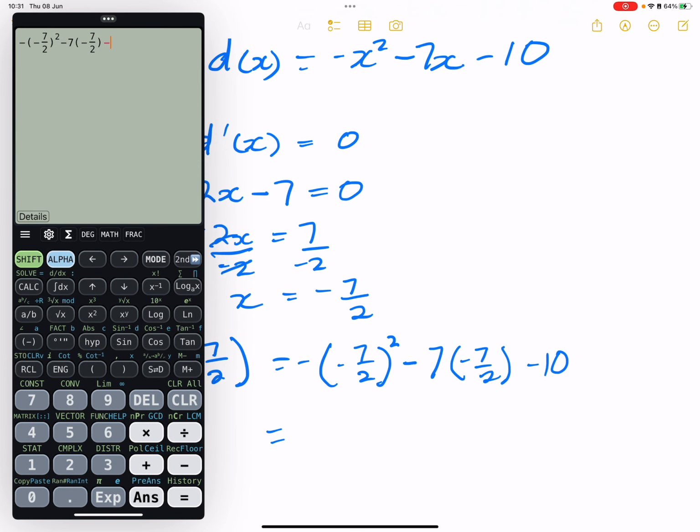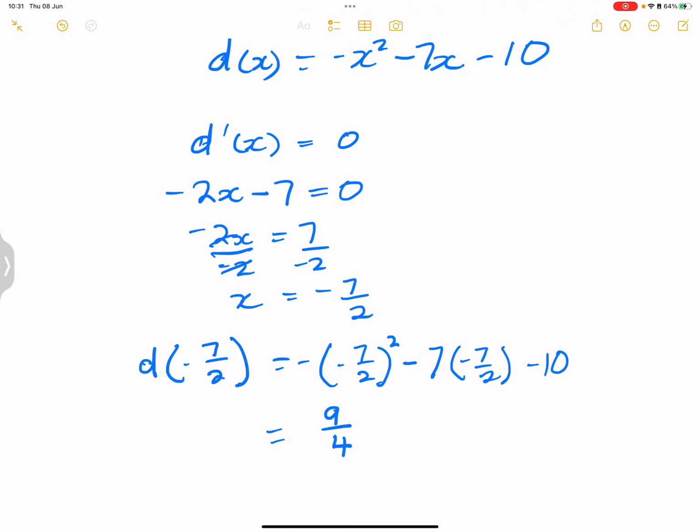So I get a value of 9 over 4 as my final value. Which means that the maximum distance between the two, so when x is negative 7 over 2, the maximum distance therefore becomes 9 over 4.